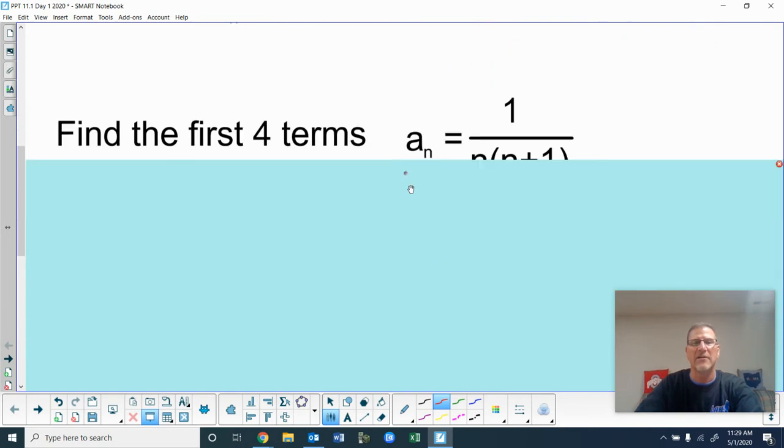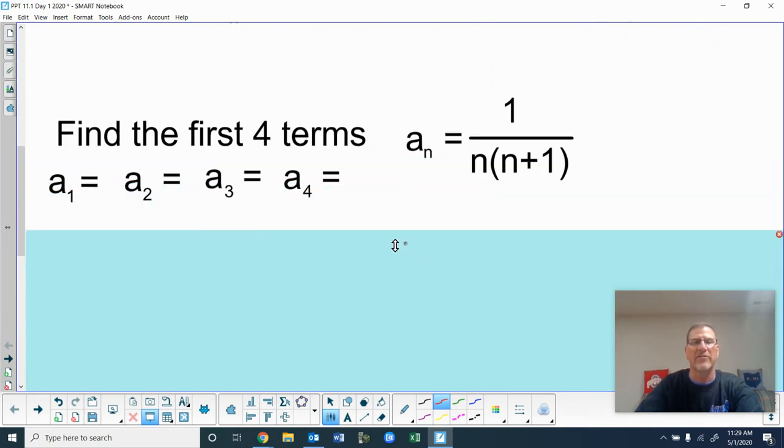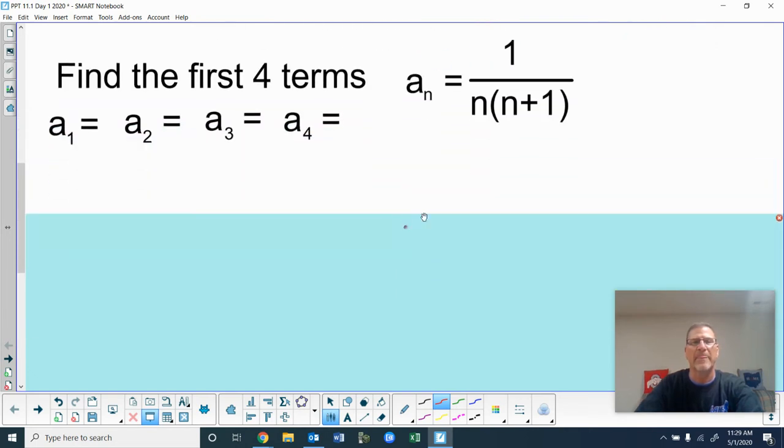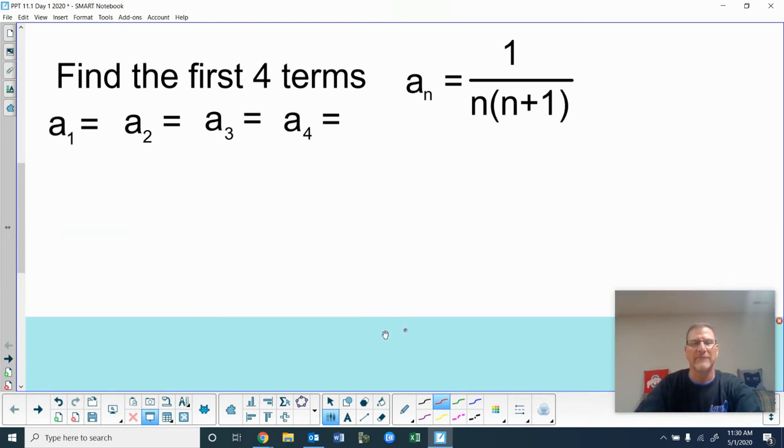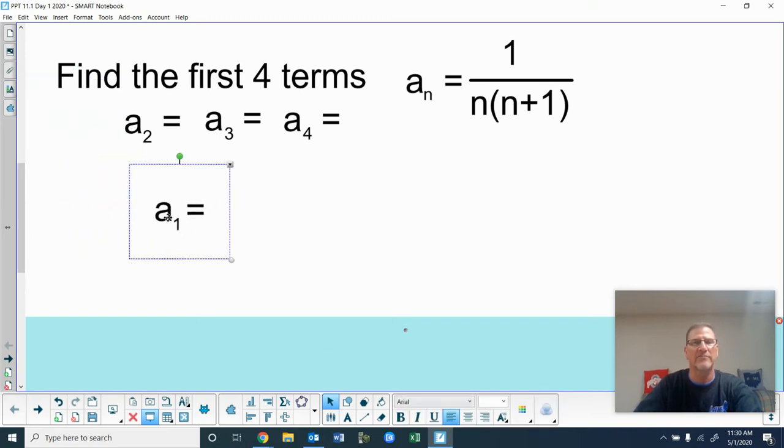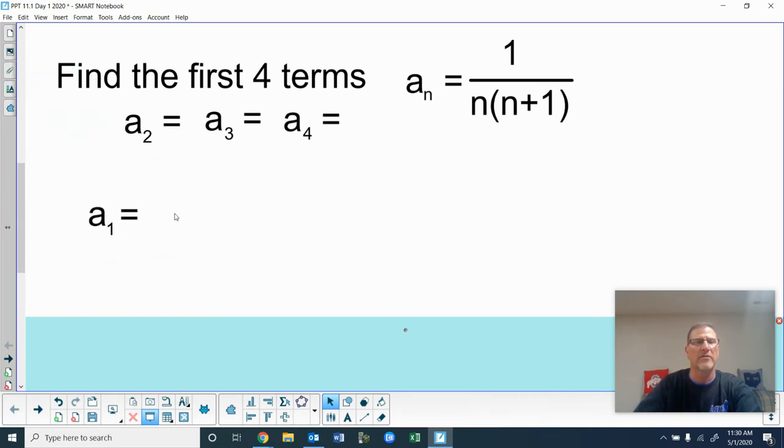In this example, we want to find the first 4 terms, and here's the rule for our nth term: the nth term equals 1 divided by n times the quantity n plus 1. To find the first term, let's pull that down. I would substitute 1 wherever I see an n.